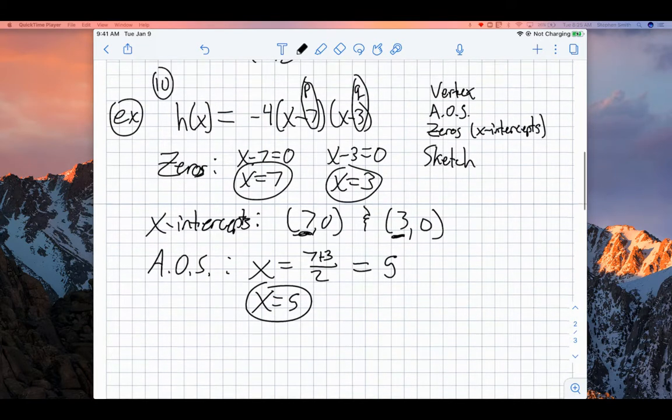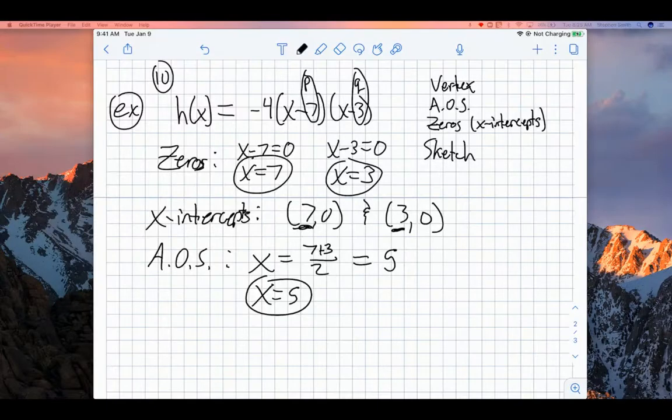And the last thing we were going to do is the vertex. Vertex is at 5, I don't know what it is, but I'm going to plug 5 into the function and find out. Remember, the vertex is on the axis of symmetry, so the x-coordinate is the same as the axis of symmetry. All right, x equals 5. Let's plug it into the function.